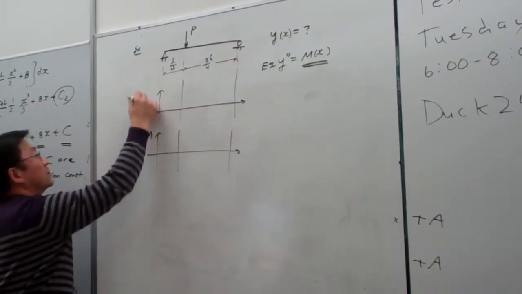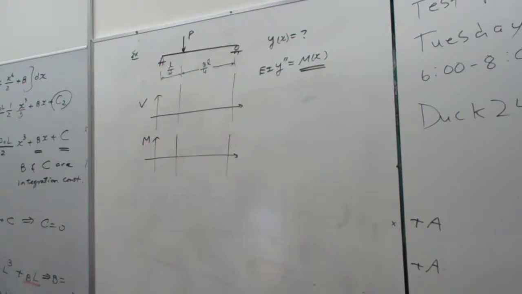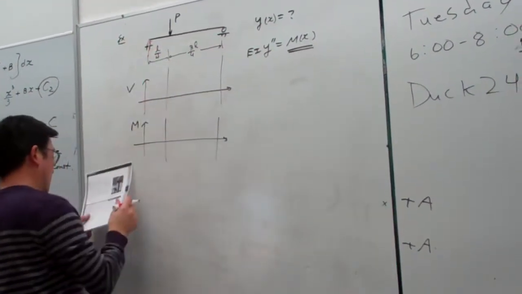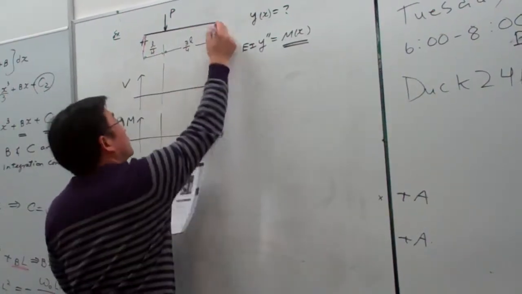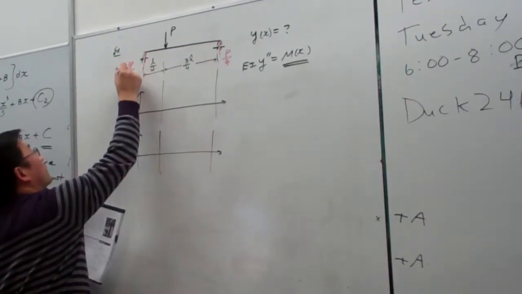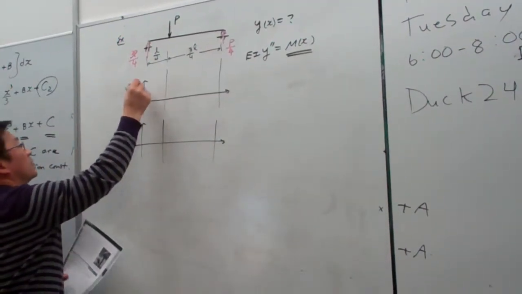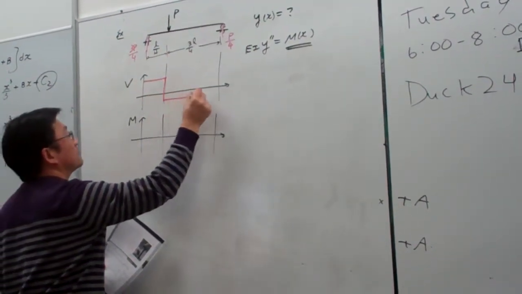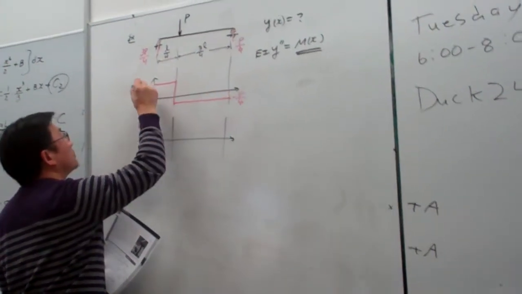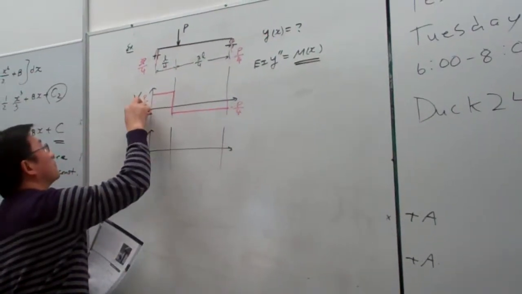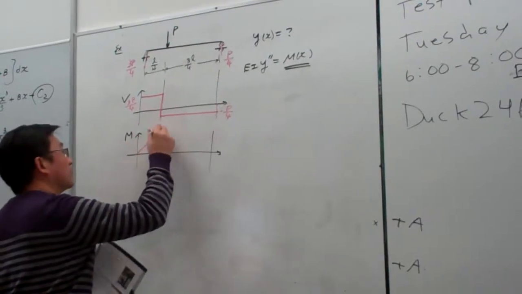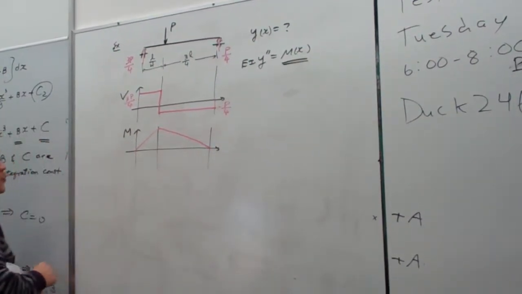So this is the M, this is the V. If I use the same approach, let me do this one quickly. This is P over 4. This is 3P over 4. So the diffraction will be equal to this, then the bending will be this.